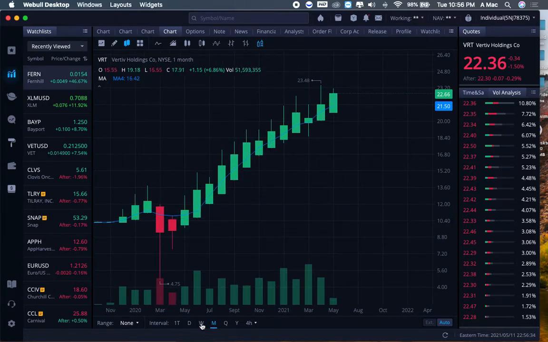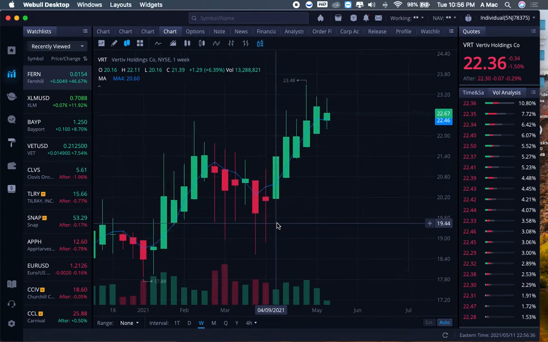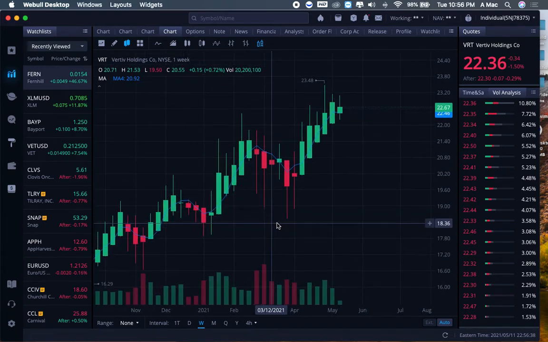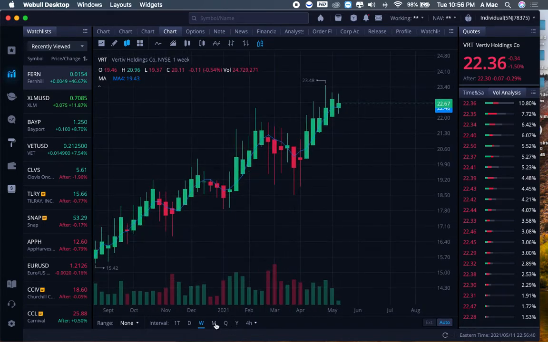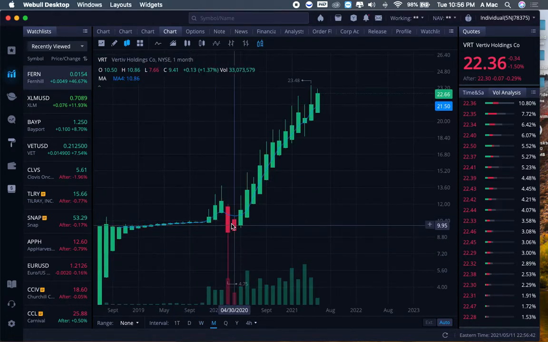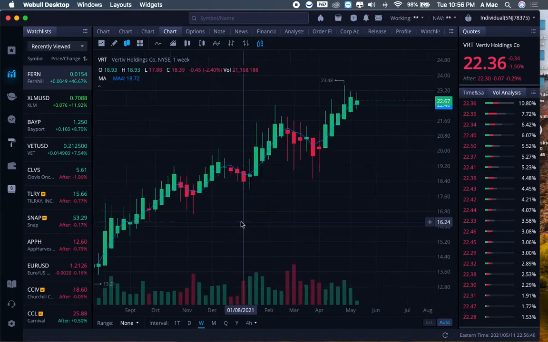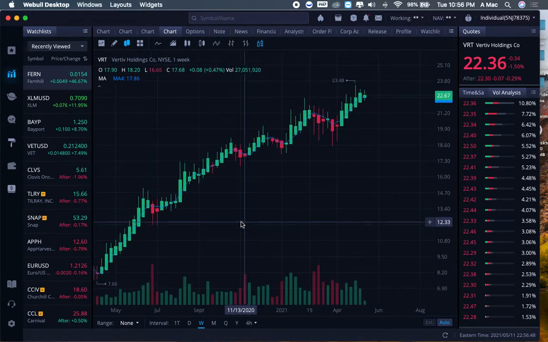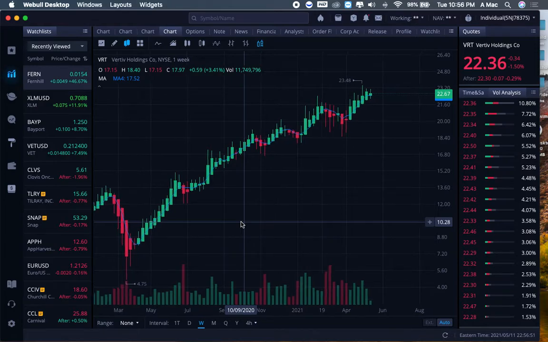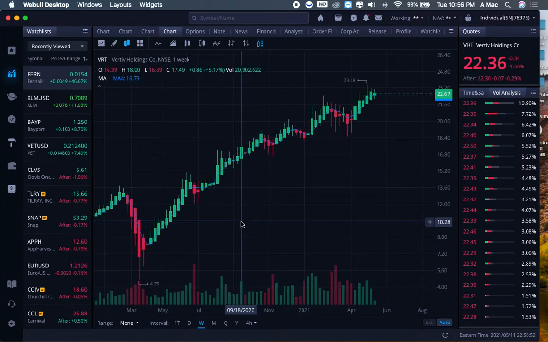Now let's look at the weekly chart. As you can see on the monthly, you see where it pulled back. You can see that in the weekly it will do the same. There are times when people will sell, and it's good because when they sell, they give us an opportunity to buy at a lower price.